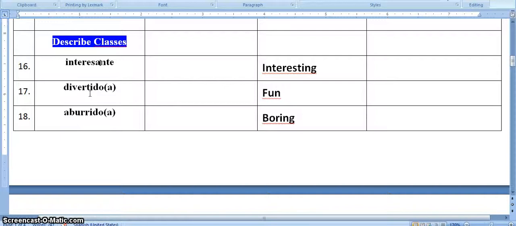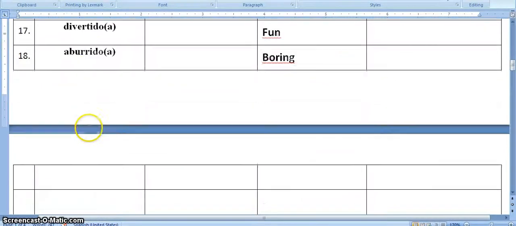So classes will always be divertida. Okay? So fun, número 17 will be divertido or divertida. And then número 18 is aburrido or aburrida. Okay, notice that double R there is hard to roll your tongues. If you say aburrido, that's cool. Okay, but aburrido or aburrida is boring.